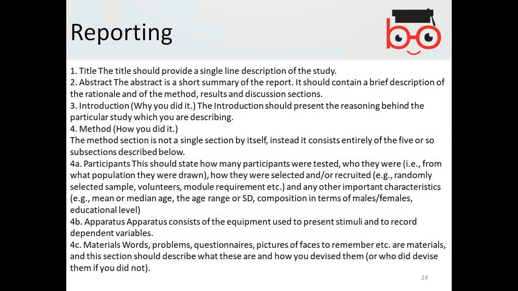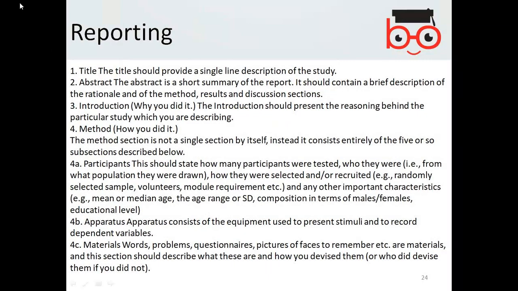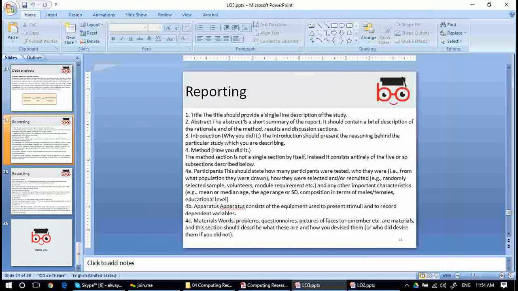Reporting is basically the production of your research, how you will be representing your research, like we discussed earlier in how your research proposal should be made.